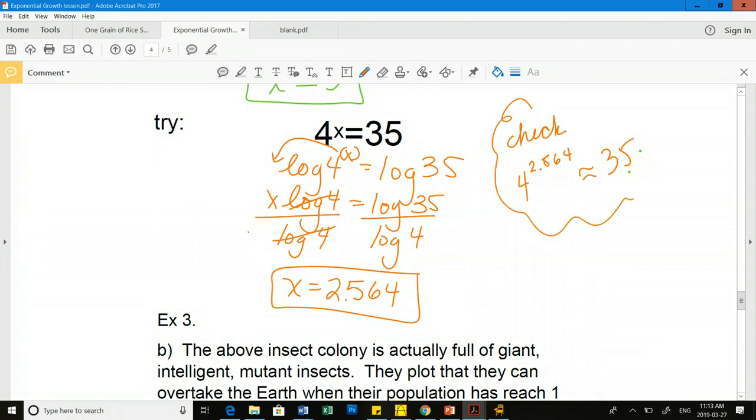Now, because we rounded, it's going to be slightly off. Like when I calculate 4 to the exponent 2.564, I get 34.968887. So I think that tells us that we did it correctly. Pretty close to 35.